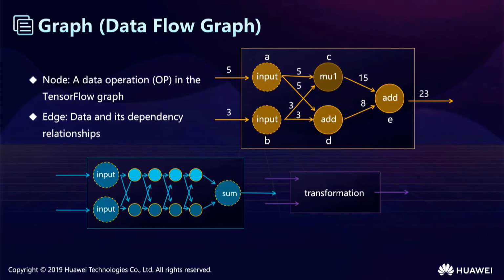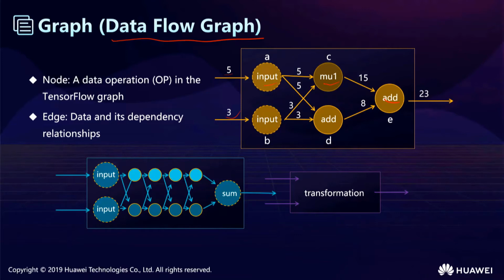So next is the computing graph. It is also called the data flow graph, and it is the expression of the algorithms, as the image shows. A node in the graph is an operation, such as input, multiply, and add. And one node can get data from one or multiple nodes. You can input the numbers 5 and 3 to do the operations, and it can pass the result to another node and to other nodes.